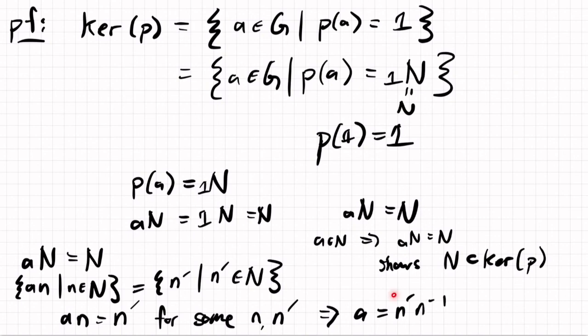And this is definitely in the subgroup N. Closure, inverses, all good there. And so that means that A is in N, which is what we needed to show. So now this is an if and only if, and this is not just an inclusion, that's an equals.